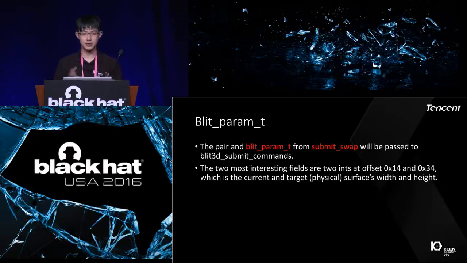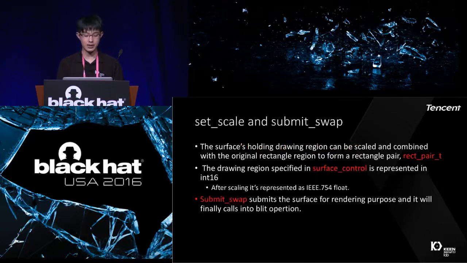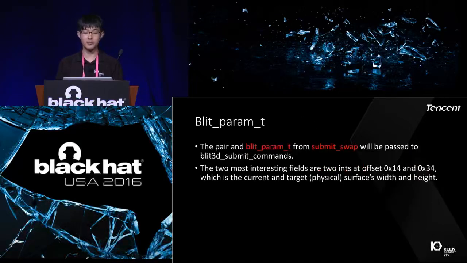The target surface is usually the physical surface of the hardware, along with the target surface width and height. And the pair we mentioned before, the rectangle pair T, and the blit param T will be submitted from submit swap to blit 3D submit commands.